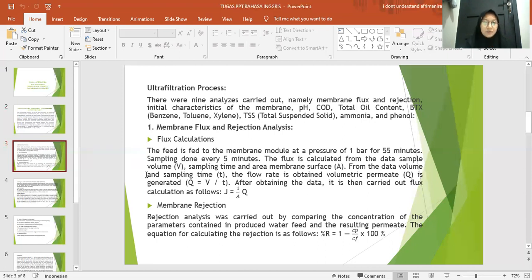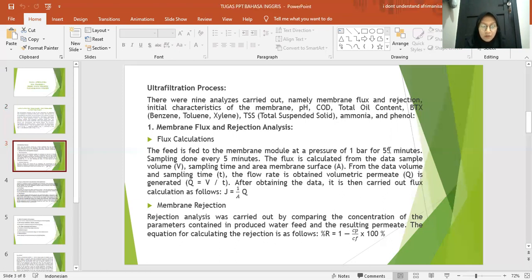Flux calculation. The feed is fed to the membrane module at a pressure of 1 bar for 55 minutes. Sampling is done every 5 minutes. The flux is calculated from the data of sample volume, sampling time, and membrane surface area.